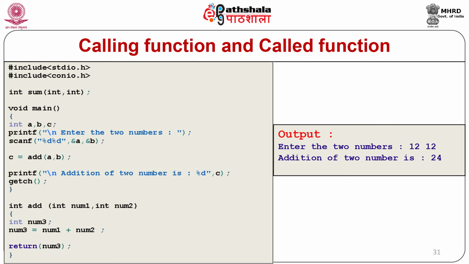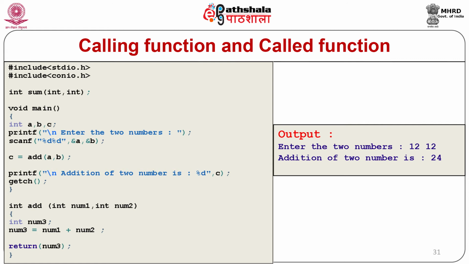You can see in the program we are considering 3 different variables. We are entering 2 numbers a and b, and we want to write a user defined function for addition of these 2 numbers. Therefore, we are using c equal to add in brackets a comma b. Here a and b are the arguments of the function.